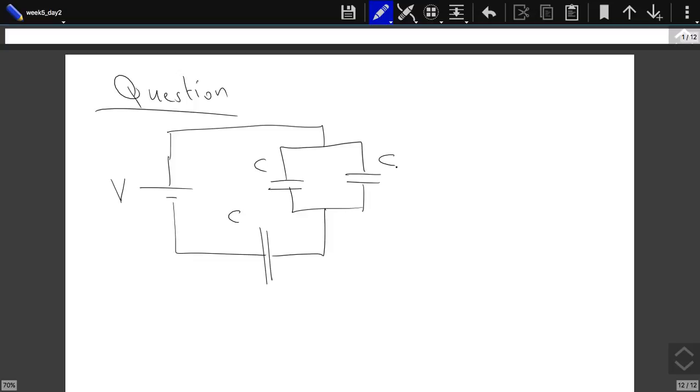So this is the question. We have these combined capacitors. We connect them to a battery. Well, the battery just makes sure that the potential difference between these two points is V. That is what the battery does. It is fixed. What is the charge that moves in my system?